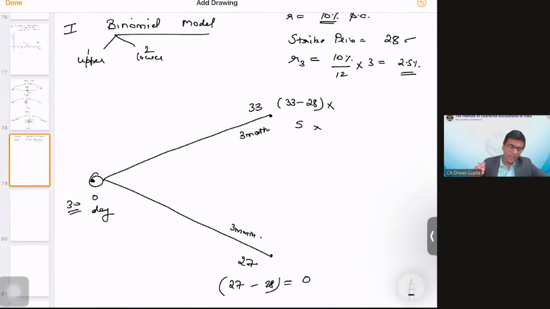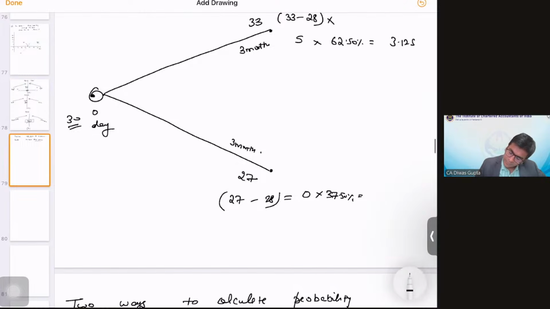So here 5 multiplied by 62.50 percentage. Here it will be 37.50 percentage. So this 5 into 62.5 becomes 3.125, and here it becomes 0.